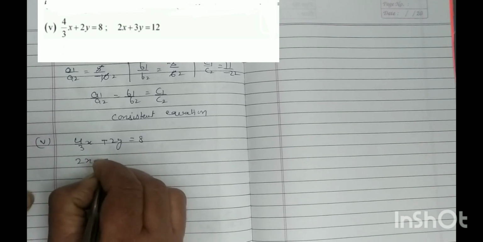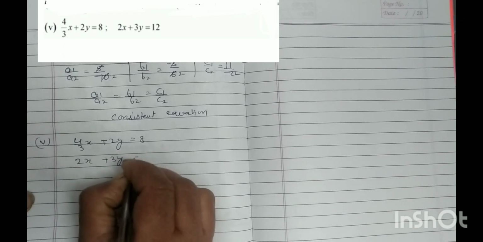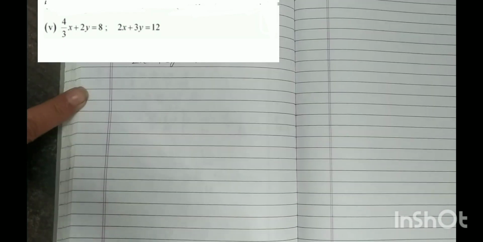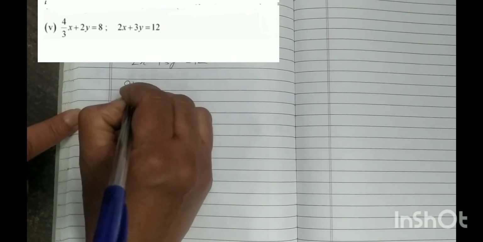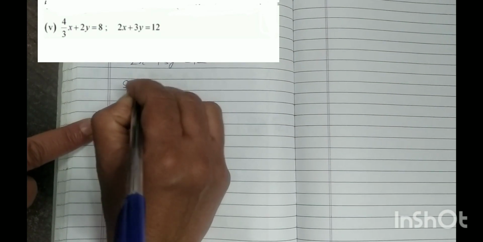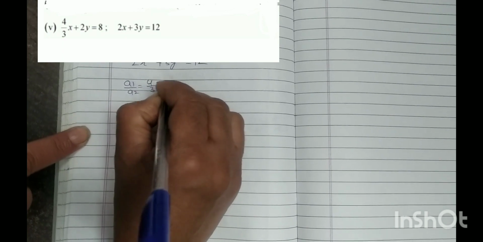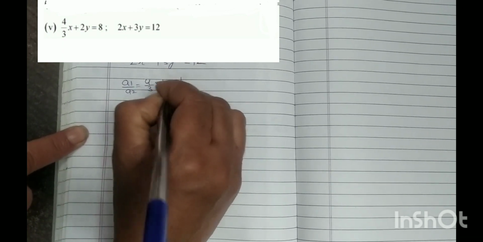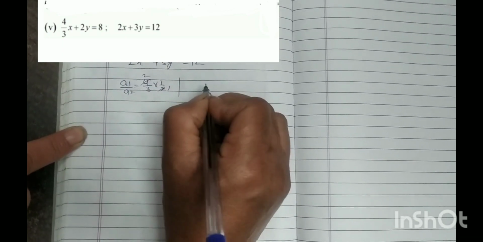Question number 5. 4 upon 3 x plus 2y equals 8. 2x plus 3y equals 12. A1 upon A2, 4 upon 3 into 1 by 2, 2 1s are 2, 2 2s are 4, means 2 by 3.